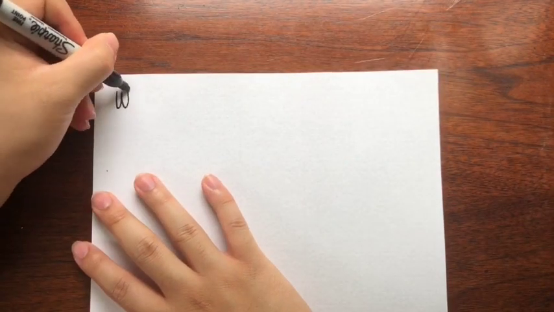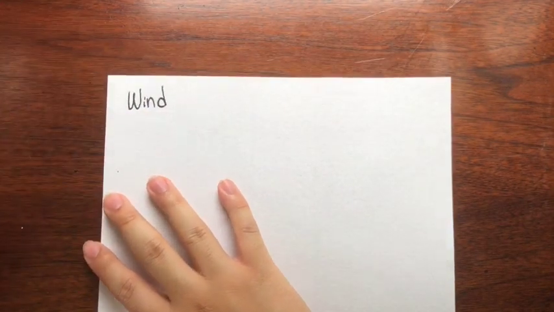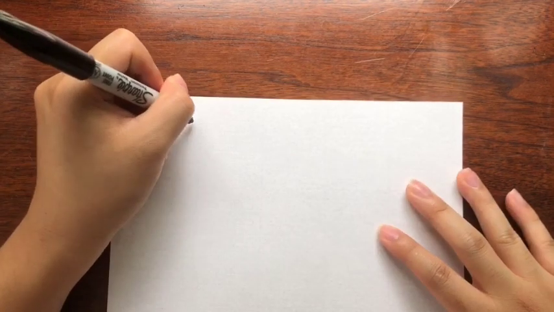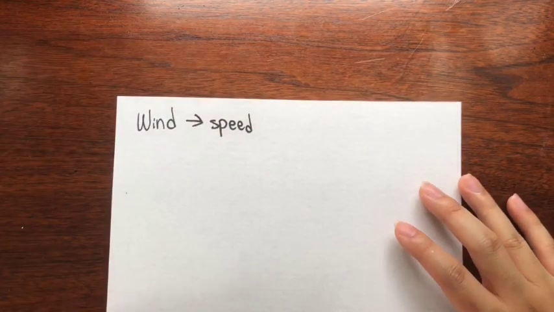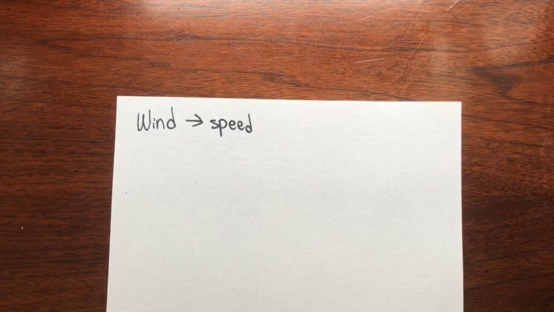Okay, and now we talk about wind. We have the wind. So how do we measure the wind? We measure the wind by speed. The speed of the wind. How fast is it going?